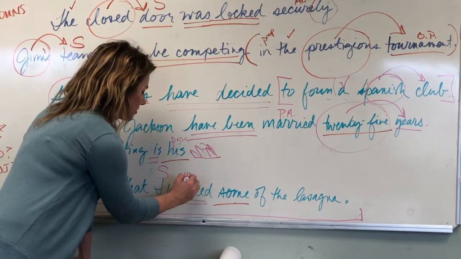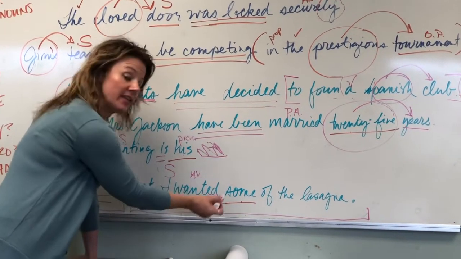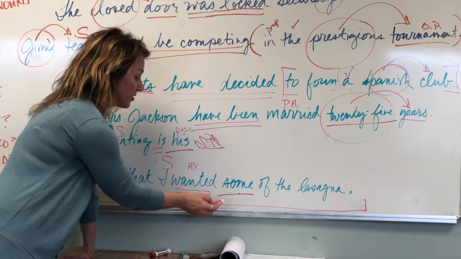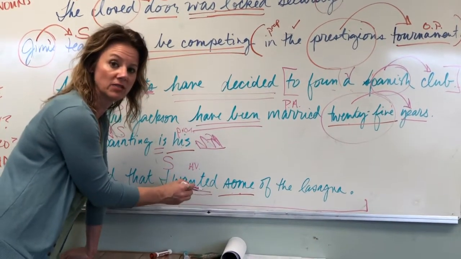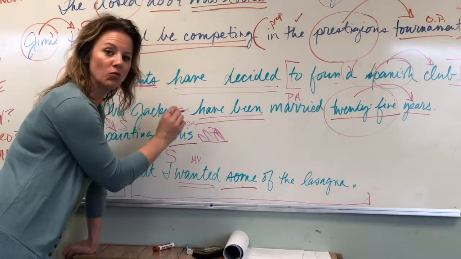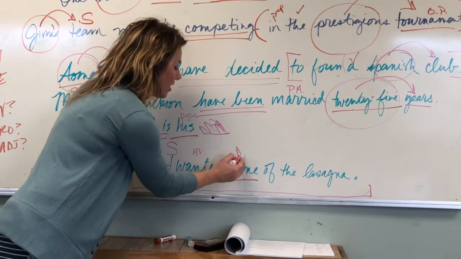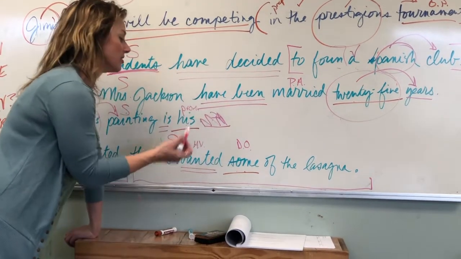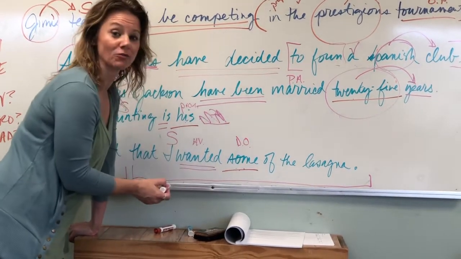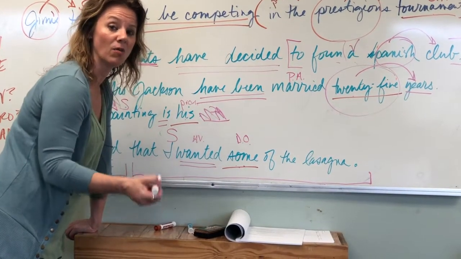Wanted is an action verb. I don't have a noun after it. I have a pronoun after it. And pronouns can do anything nouns can do. And if you just said action verb what? Wanted what? You have answered a direct object question. And a direct object can be a noun or a pronoun. Some is a pronoun, right? Some, any, none, all, most.